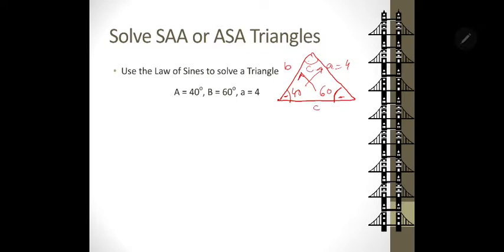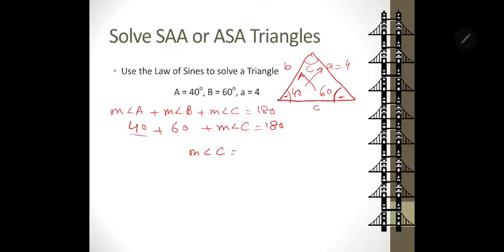To find the third angle is very easy, because we all know that the sum of all three angles of a triangle is 180 degrees. So if angle A is 40, angle B is 60, we have to find the measurement of angle C. Then simple algebra tells us that the measurement of angle C equals, because this is going to be 100, if you move the 100 to the other side, then you have 180 minus 100 equals 80 degrees.